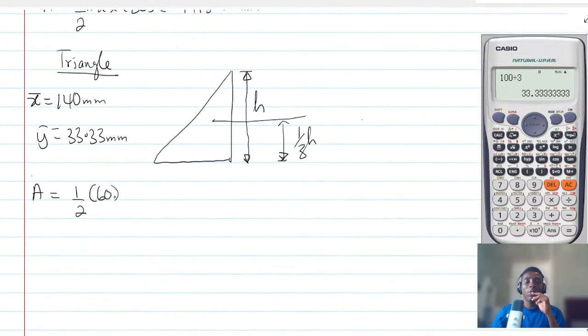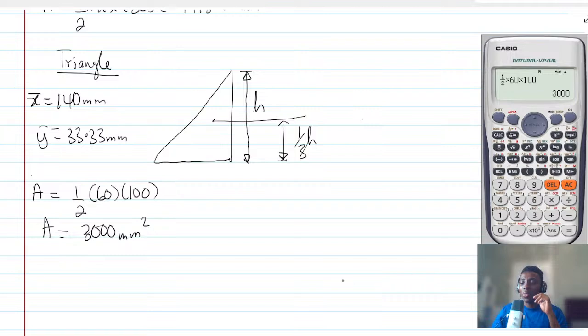So 60 multiplied by 100, so half times 60 multiplied by 100. So that's like 3000 millimeters squared.